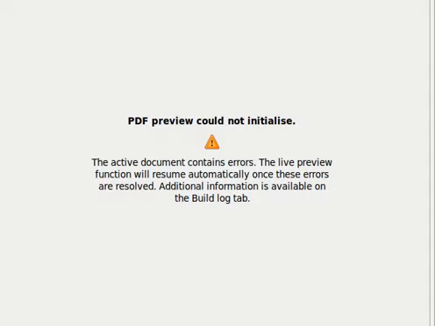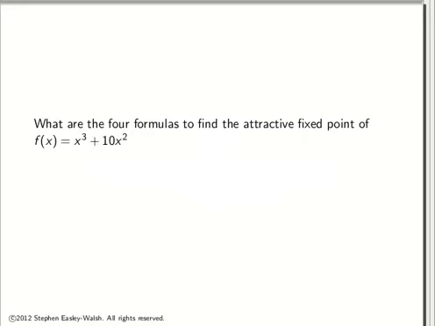Something like x cubed plus 10x squared maybe minus 1.